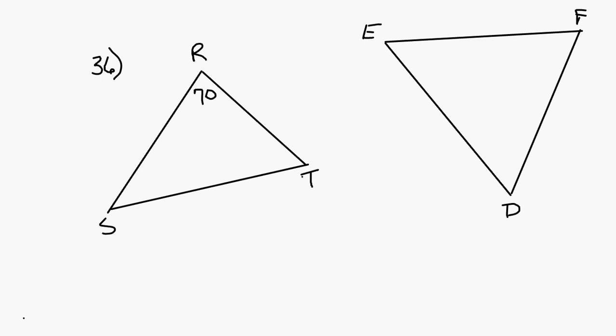The measure of S is 80. The measure of F is 70. The measure of D is 30. RS equals 4. EF equals 4. Are the two triangles congruent? If yes, explain and tell which segment is congruent to RT, which is right here.